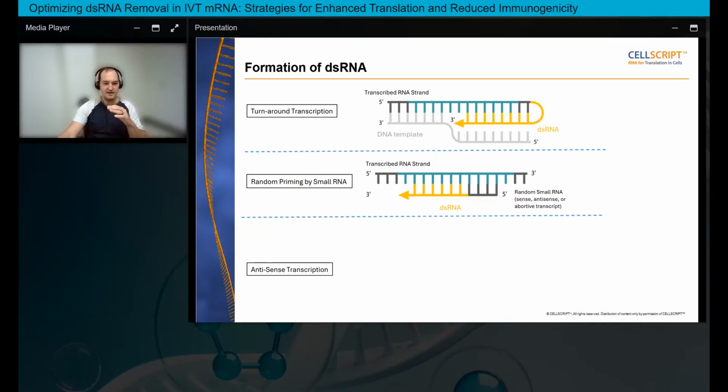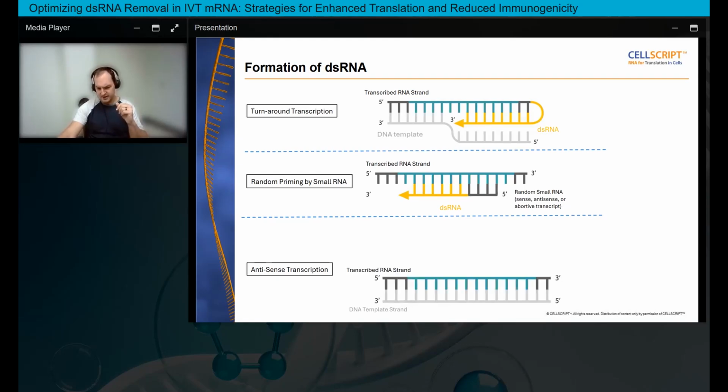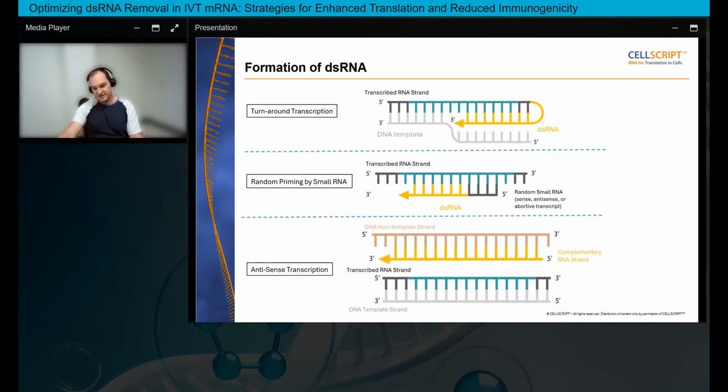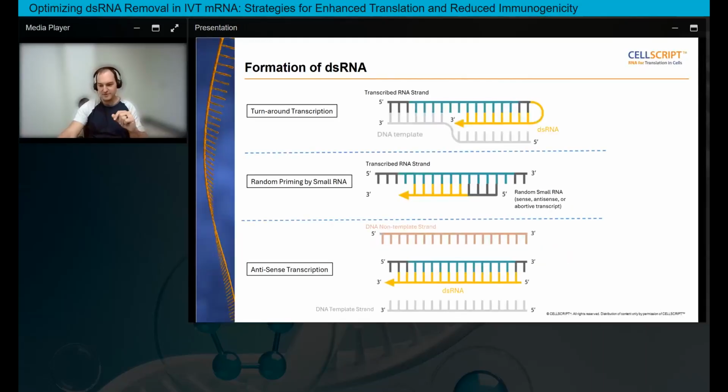The third type, which is probably a little bit less common and a little bit more, I would say, unstable in terms of whether it's formed or not, because it depends on a lot of different factors, is called antisense transcription. This one also starts with the DNA template strand, where you have a transcribed RNA. It's good stuff, the stuff that you like. But then your DNA template strand has a non-template strand that is complementary to it. And because T7 has a tendency to just use whatever it finds, it can actually just sit down on that and create fully complementary RNA.